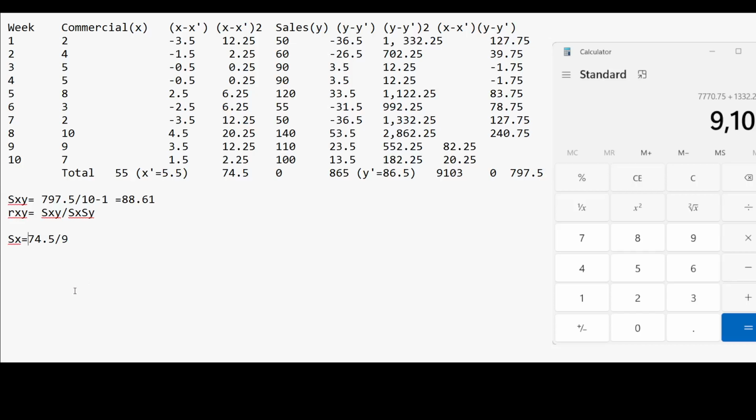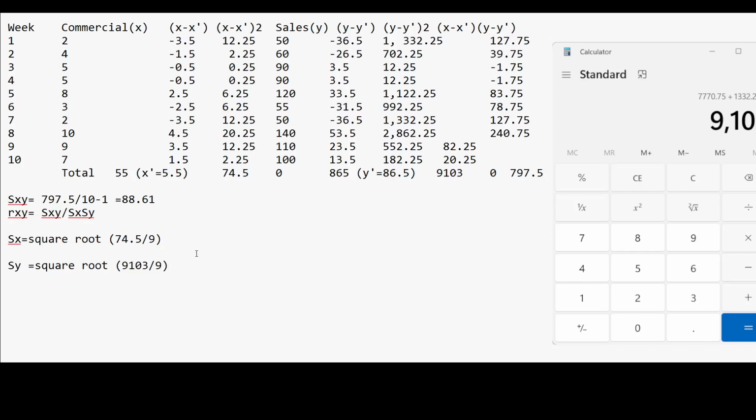And Sy is equal to the square root of 9,103 divided by 9.